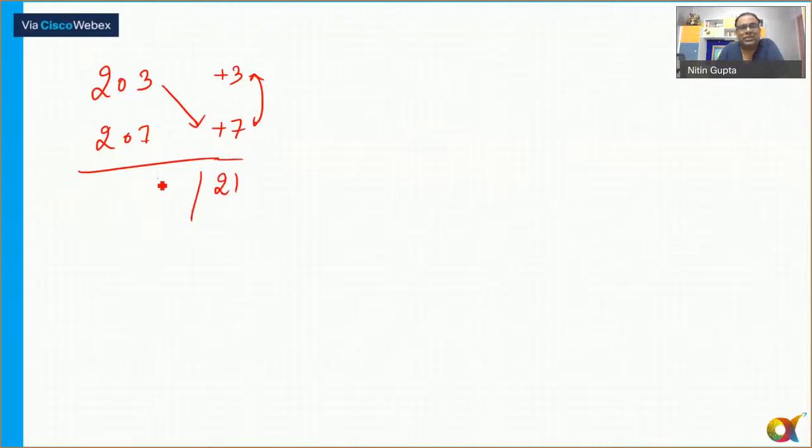Since we are working on a base of 200, you need to multiply your first part by 2. So 2 into 210 is equal to 420. So 42021 will be the answer here.